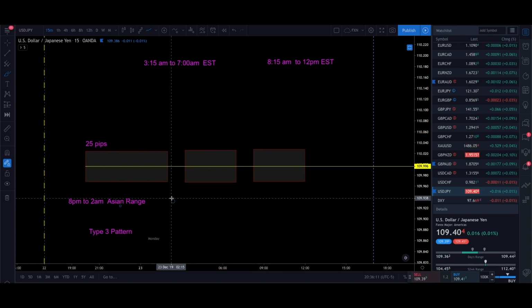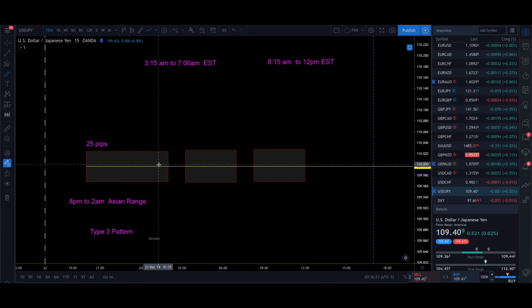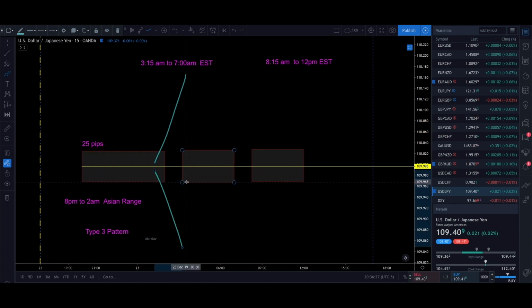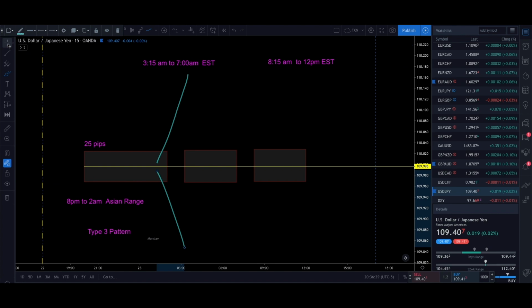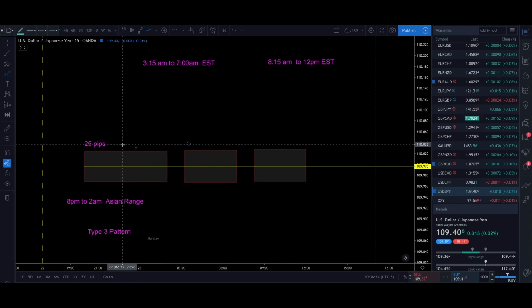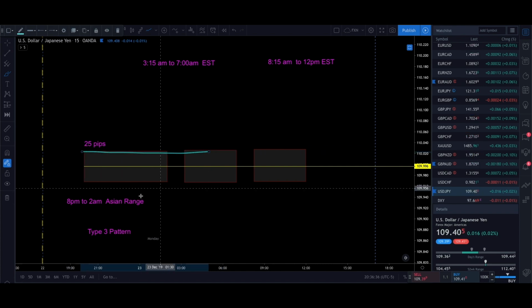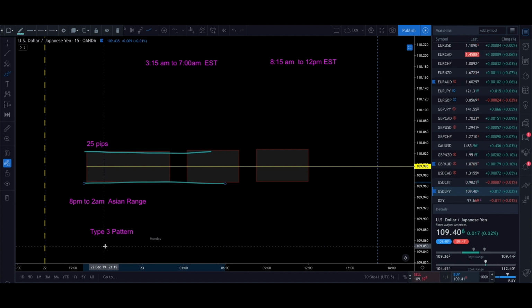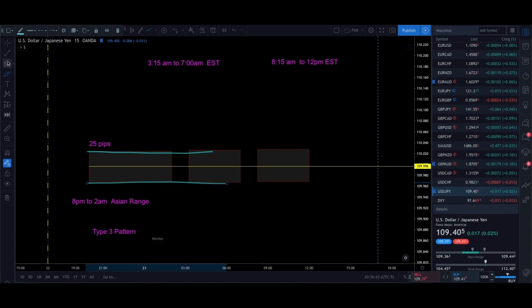So right now, the only difference between the type 1, 2, and 3 is where it gets stuck. With type 1 setups, we want price to be pushed away from the initial high and the initial low of the day inside of the Asian box. The type 2 setups get stuck at the top or at the bottom of the initial high or low of the day.